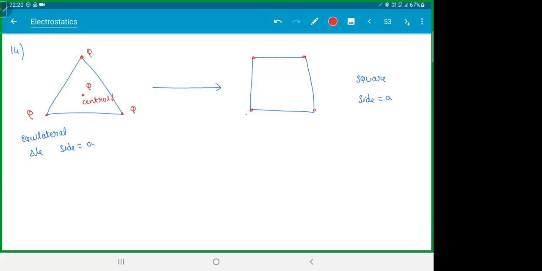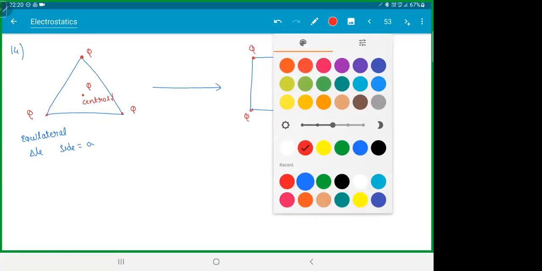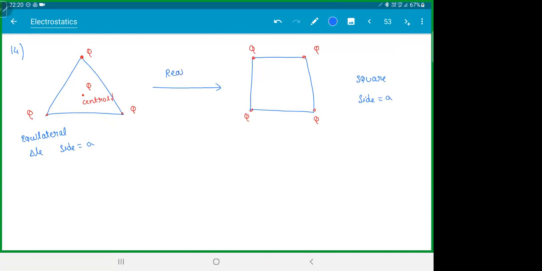So you just twisted them and they're rearranged. The four charges on a triangle are rearranged into a square. Find the work done by the external force. How much work do you require in order to change from this to that?